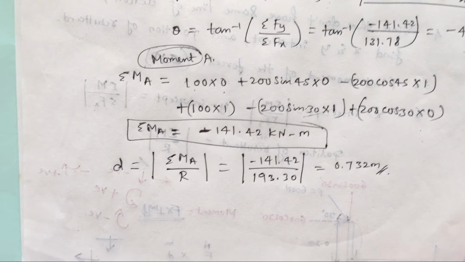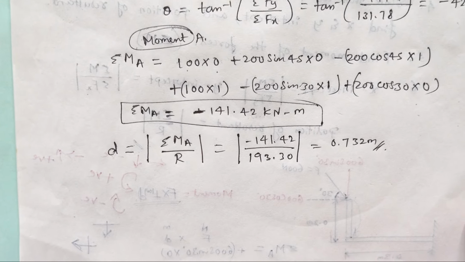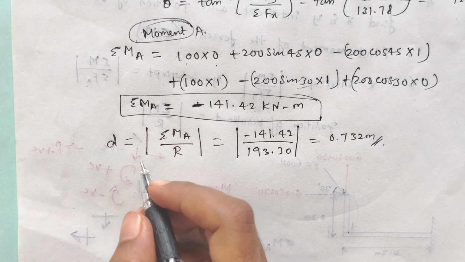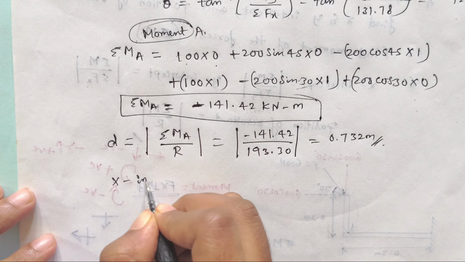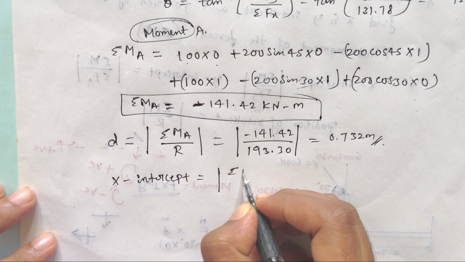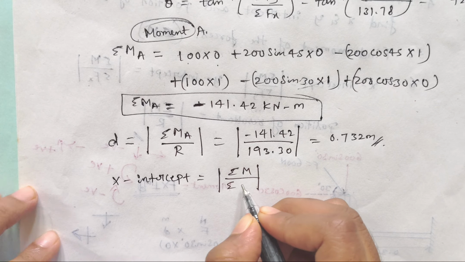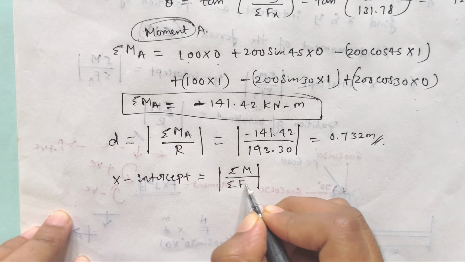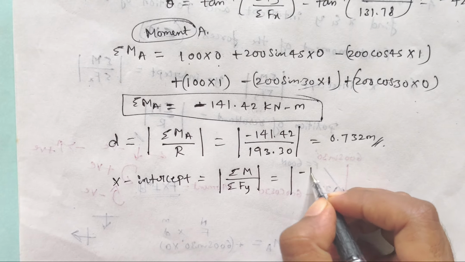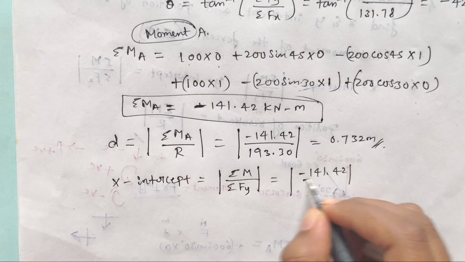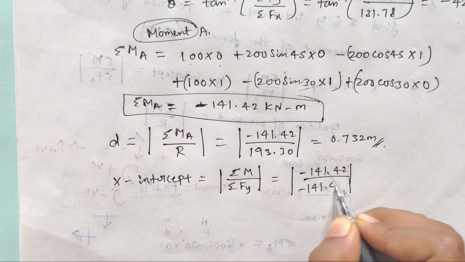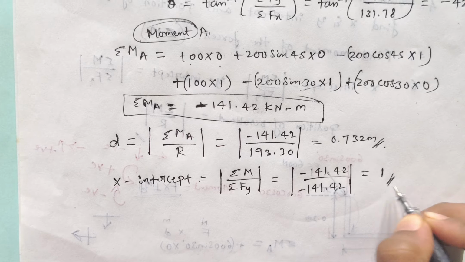Now you have to substitute for the other values, that is, you have to find the x-intercept and y-intercept, correct? So x-intercept is equal to summation of moment divided by summation of Fy, which is equal to minus 141.42 divided by, what is the value you got for Fy? Same, correct? 141.42. So I will get it as 1.